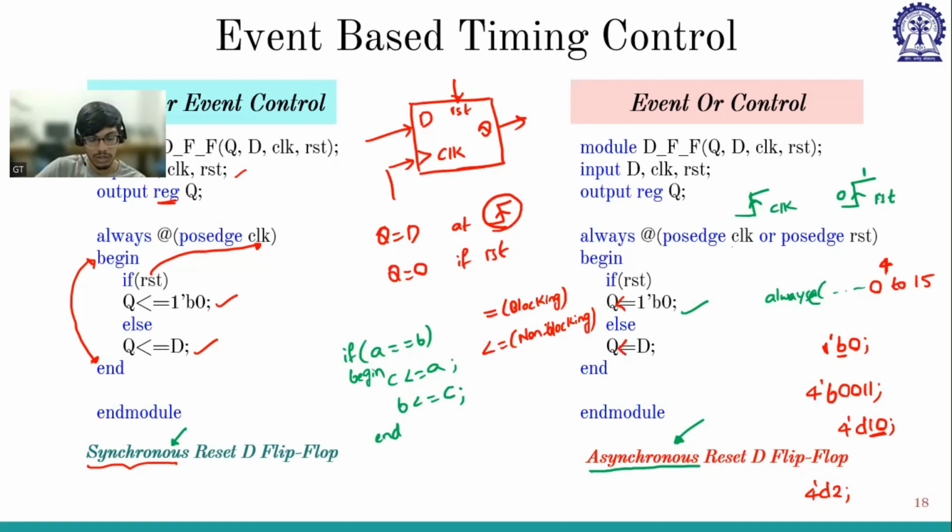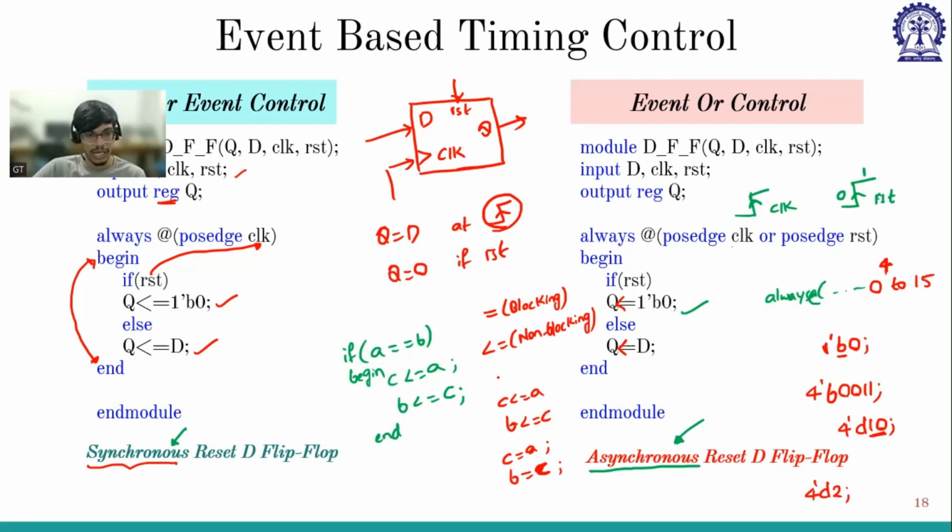If there is more than one operation, like C less than or equal to A, B less than or equal to C, then B will take the previous value of C, not A. But if you write C equal to A, B equal to C, then C is updated with A, and B will take the updated value of C, which is A. But here there is no such thing, so less than or equal to will be the same thing.